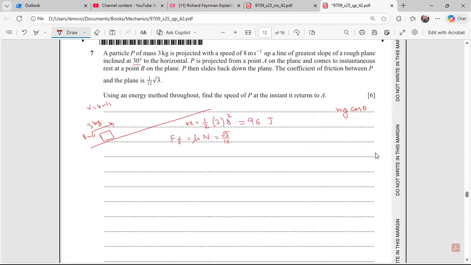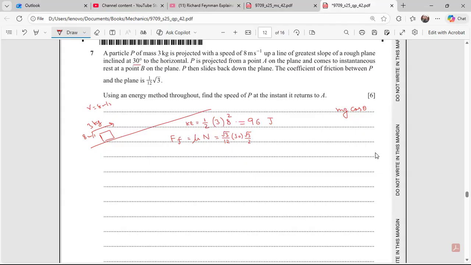Okay. So m is how much? 3 kilogram, and g is 10. So this is 30. And cos of theta is under root 3 over 2.